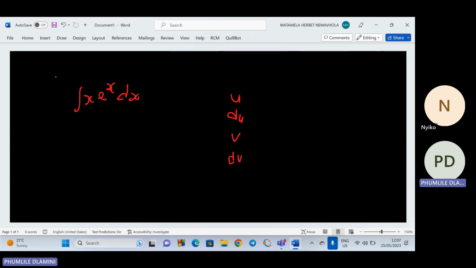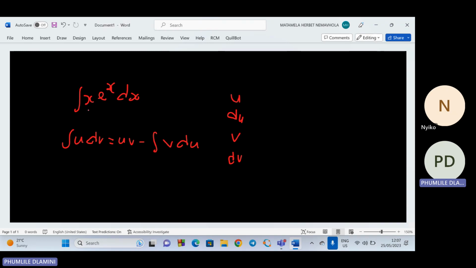So the formula for integral by parts says if we have the integral of u dv, it equals uv minus the integral of v du. So this is the standard formula for integral by parts.